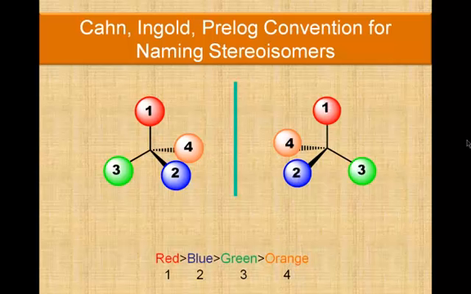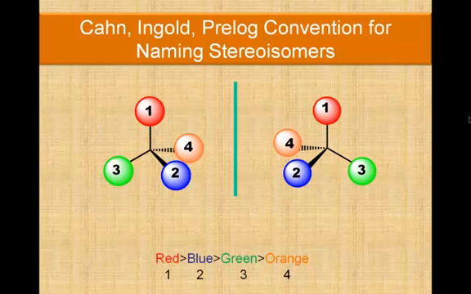In the Cahn-Ingold-Prelog convention, I have to orient these 4 groups in such a way that the lowest priority group, or number 4, is pointing away from me. And you can see that I have both of these enantiomers oriented in that direction. The next thing that I'm going to do is trace a path from the highest priority group to the second priority group and to the third priority group.